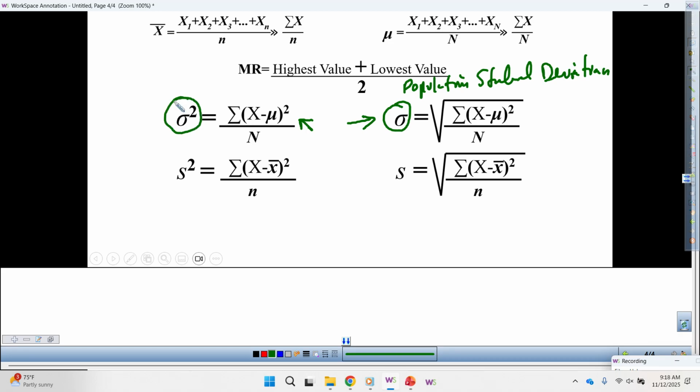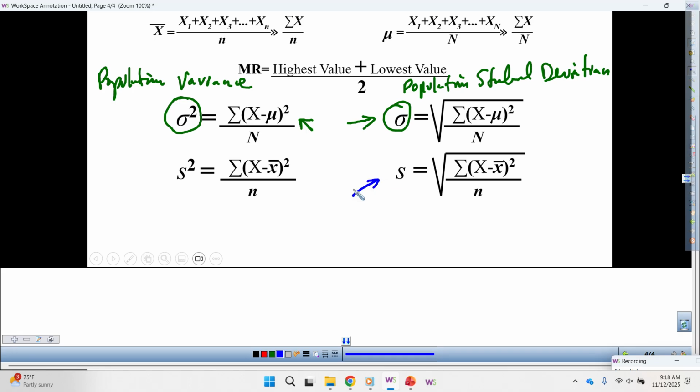According to the notes that you took. Population variance. Variance.